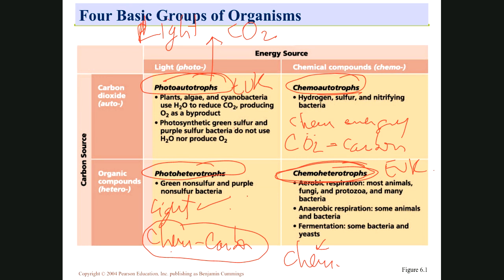So again, those are specialized photosynthetic organisms. These two groups are unique to prokaryotes. Do know, however, all medically important organisms are chemoheterotrophs because that's what we are.